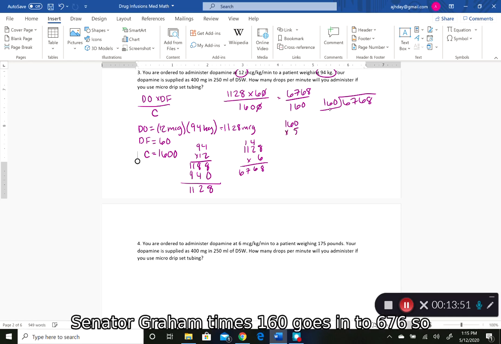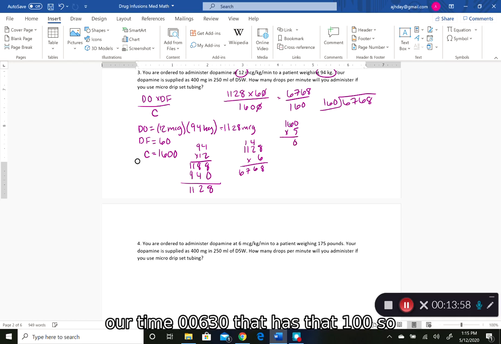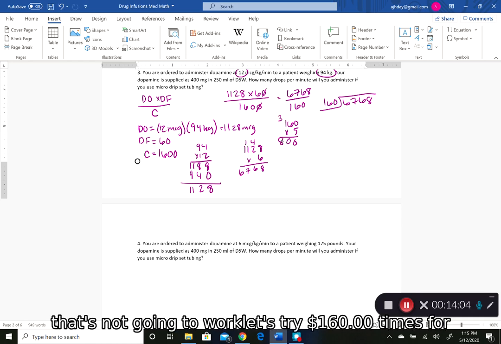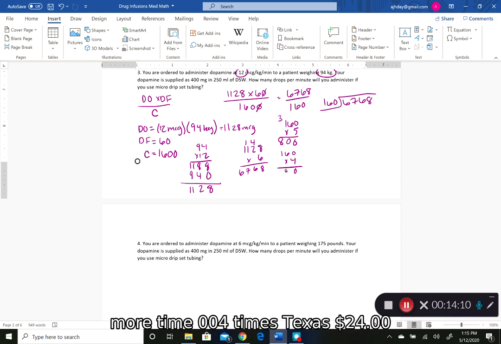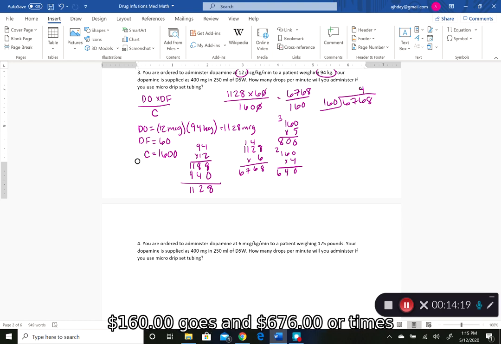So I need to figure out how many times 160 goes into 676. 5 times 0 is 0, 5 times 6 is 30, that's 800, so that's not going to work. Let's try 160 times 4. 4 times 0 is 0, 4 times 6 is 24, 4 times 1 is 4, 5, 6, that will work. So 160 goes into 676 4 times.